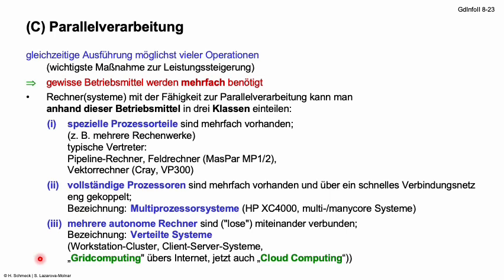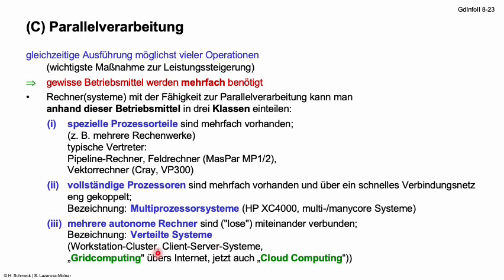And then we have the third class, where you have more than one computer that are loosely connected to each other. And this is also very common today. We also have the term distributed systems, which refers to this connection of computers.